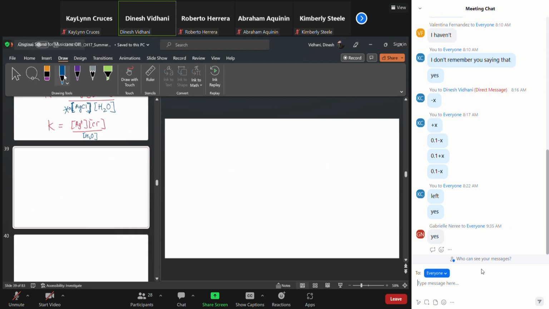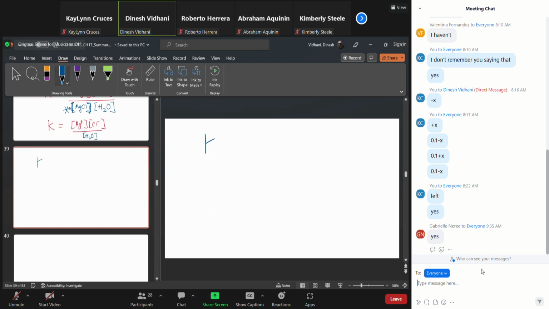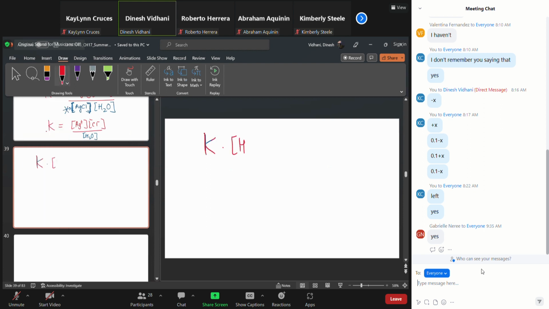So I can write it here as K multiplied by water, that's going to be equal to Ag plus and Cl minus. Now, water is present in a huge amount, right?